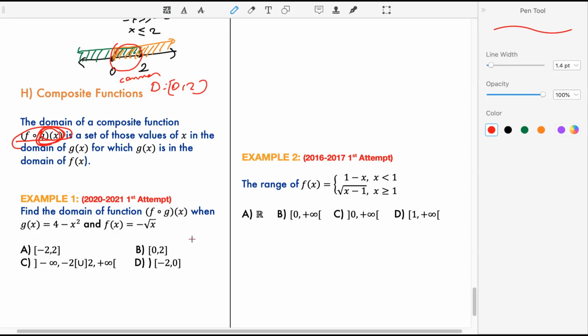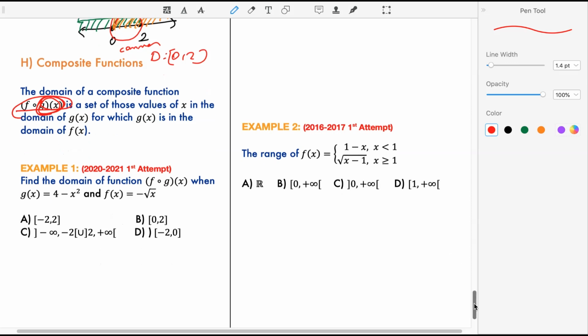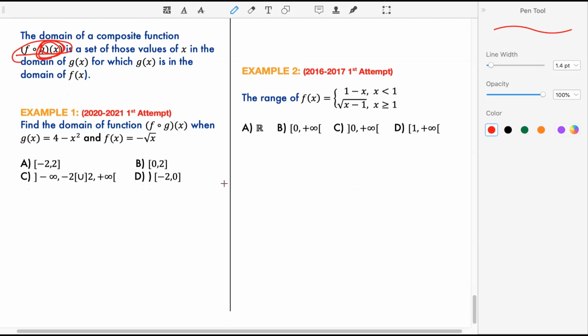Okay. So let's solve two questions and see what happens. First question, find the domain of f of g of x. So put g into f first. Let's write the composite function. f of g of x, when you put g into f, is negative square root of 4 minus x squared.